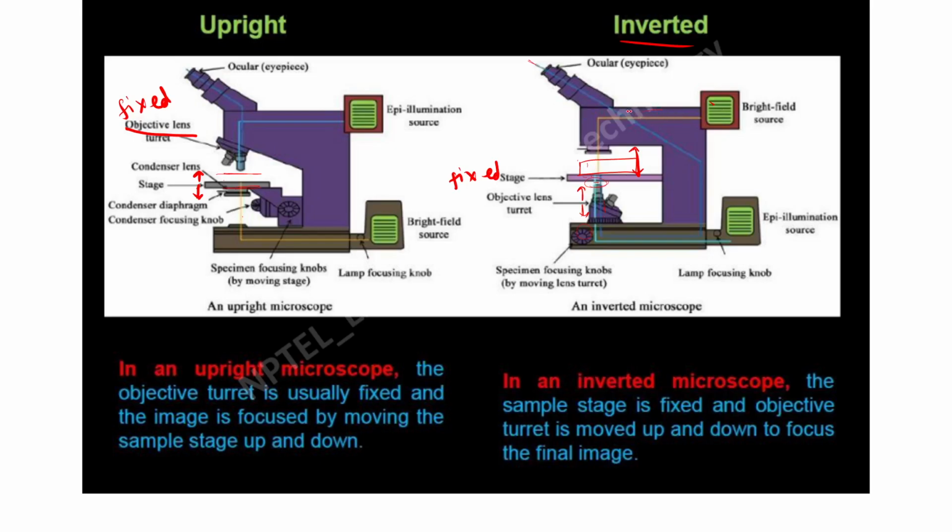If you add a fluorescence light source here, you can actually see fluorescence also in that same sample. So the inverted microscope is more useful in the case of mammalian or insect cell culture.